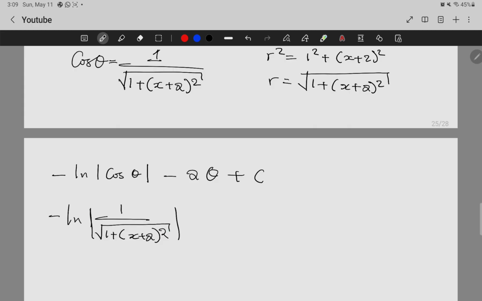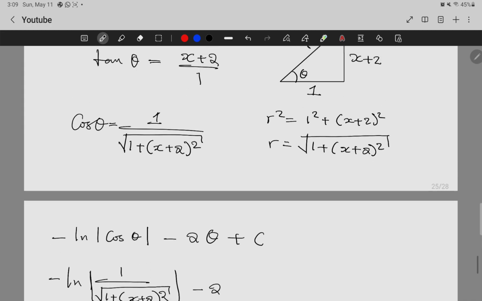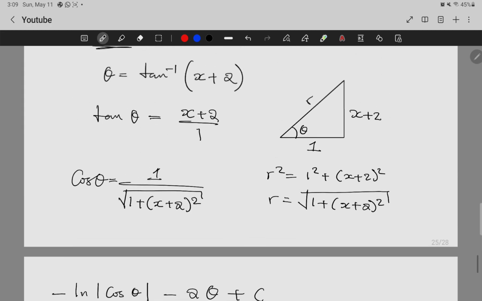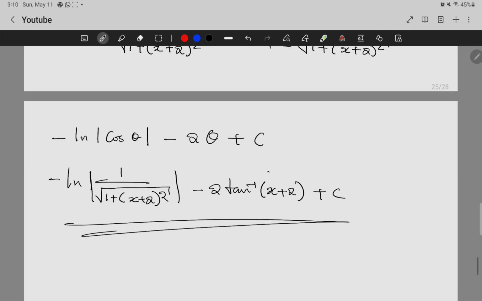So of course, like that. This is just cos theta. Then minus 2 theta. Theta, we saw that theta is tan inverse of x plus 2. So you have tan inverse of x plus 2. Then plus c. So this becomes our overall solution.